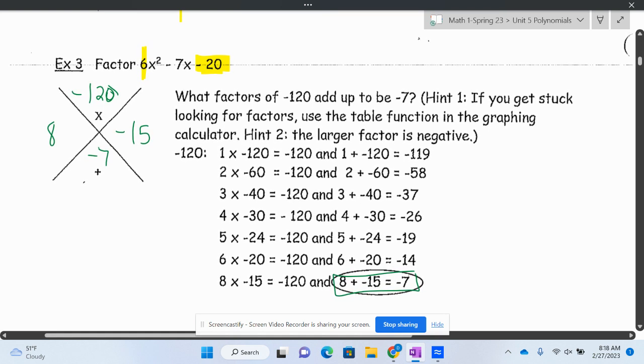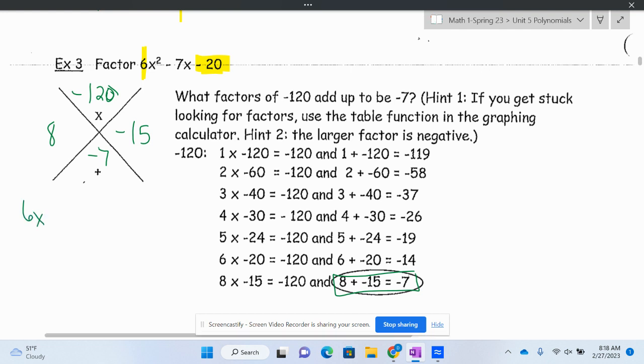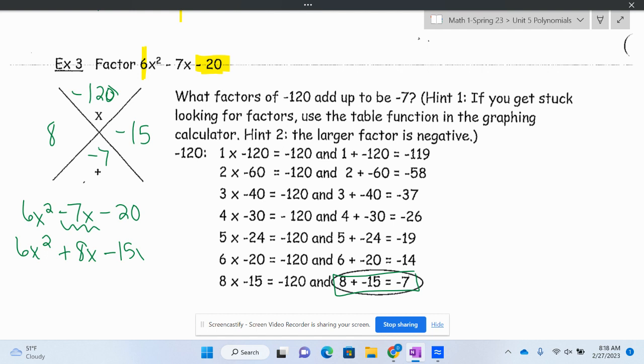Okay. So I'm going to take my trinomial, 6x squared minus 7x minus 20. And I'm replacing this minus 7x with what? Yeah, the two numbers that add up to negative 7, which is a positive 8x and a negative 15x.